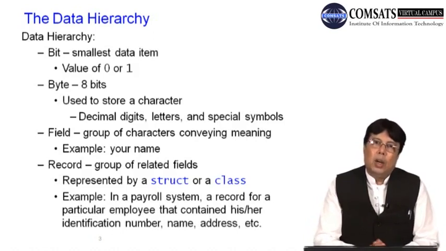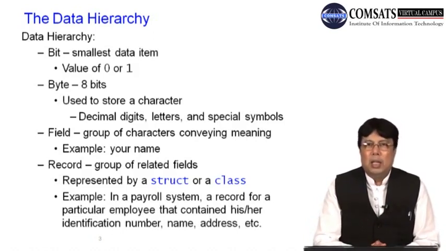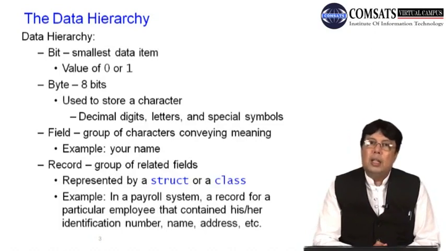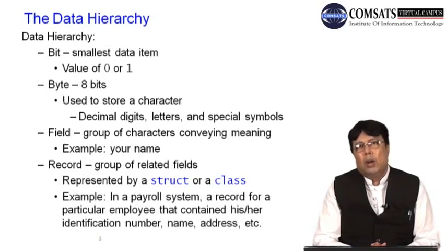Above bits, we have a byte. The convention is that a byte is 8 bits, and usually the character data system we use, which I have already explained to you, is the American Standard Code for Information Interchange, called ASCII code, and that is an 8-bit code.